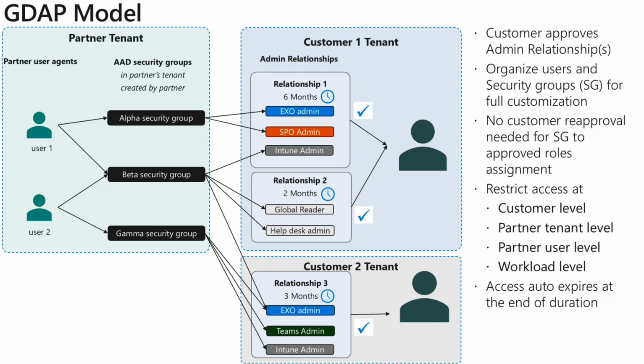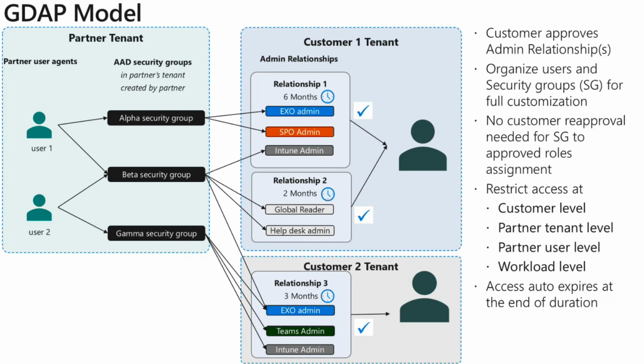So if at any time that partnership needs to be terminated, that can happen. But if neither side terminates it, the relationship is going to automatically expire when the duration of the GDAP invitation has passed. You'll get email notifications at 30 days, 7 days, and 1 day before the GDAP expiration date.